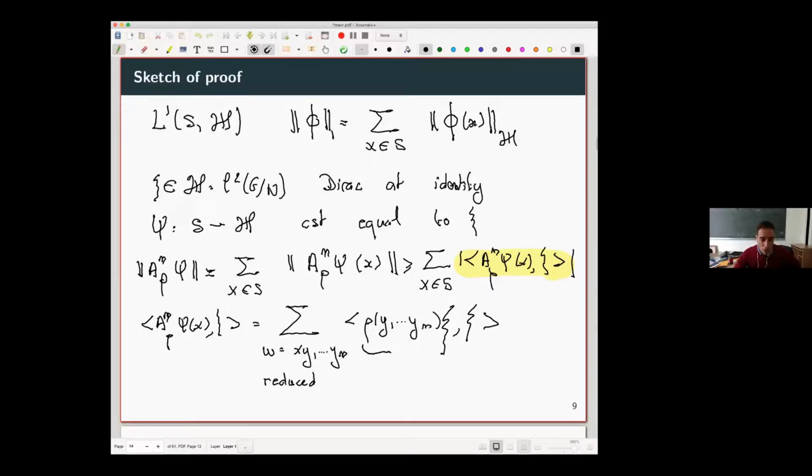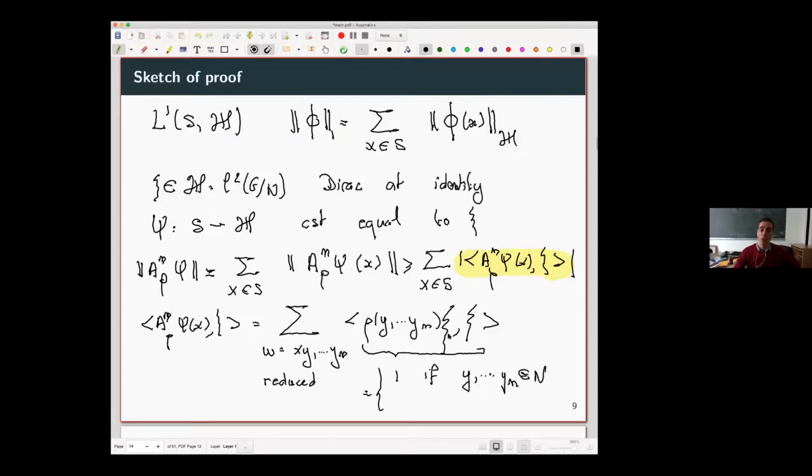But what is this quantity? If you unfold the definition of the Hilbert structure on L2 of G mod N, you'll see that this quantity is 1 if the element y1, ..., yn is in the kernel, because if y1...yn is in the kernel, the rho of that element is the identity.